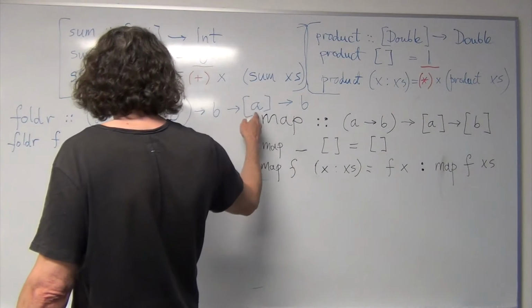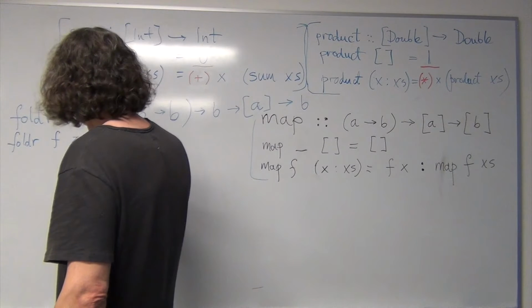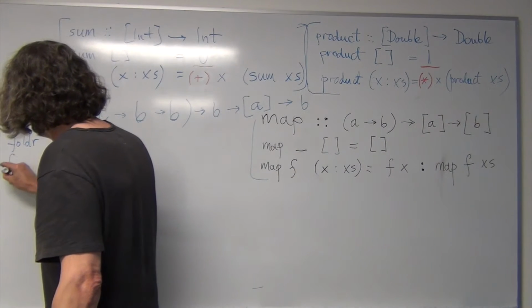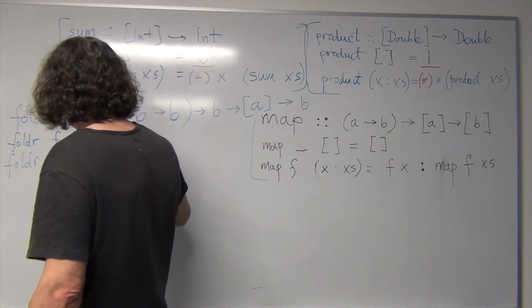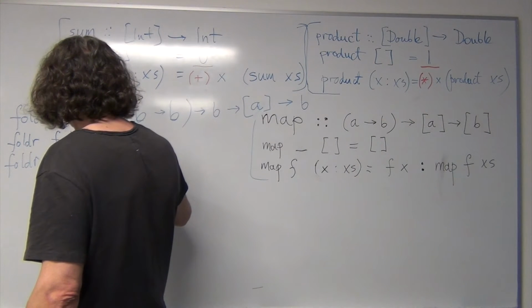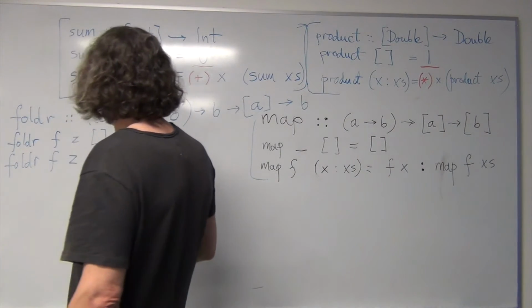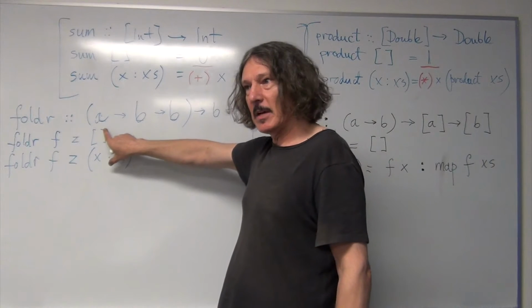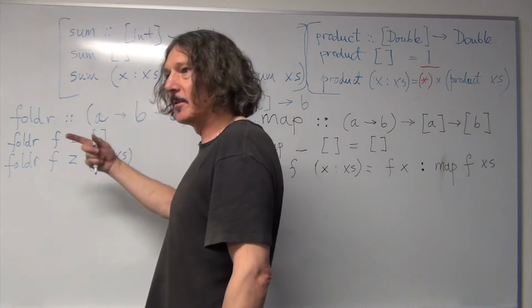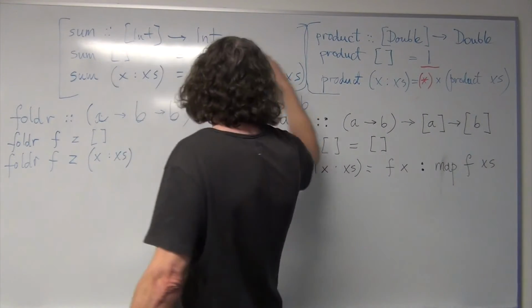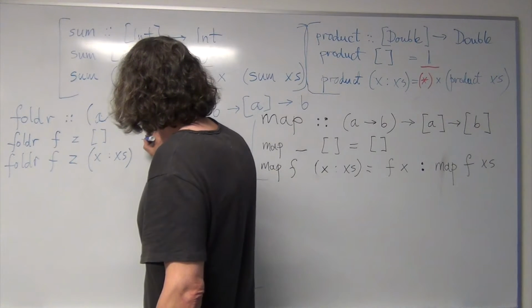On the third argument. So the first pattern is an empty list, and the second pattern is a cons of x xs, right? So we do this pattern matching on the third argument, right? These are the parameters for foldR that make it either sum or product or something. Okay. Now we have to define these things.